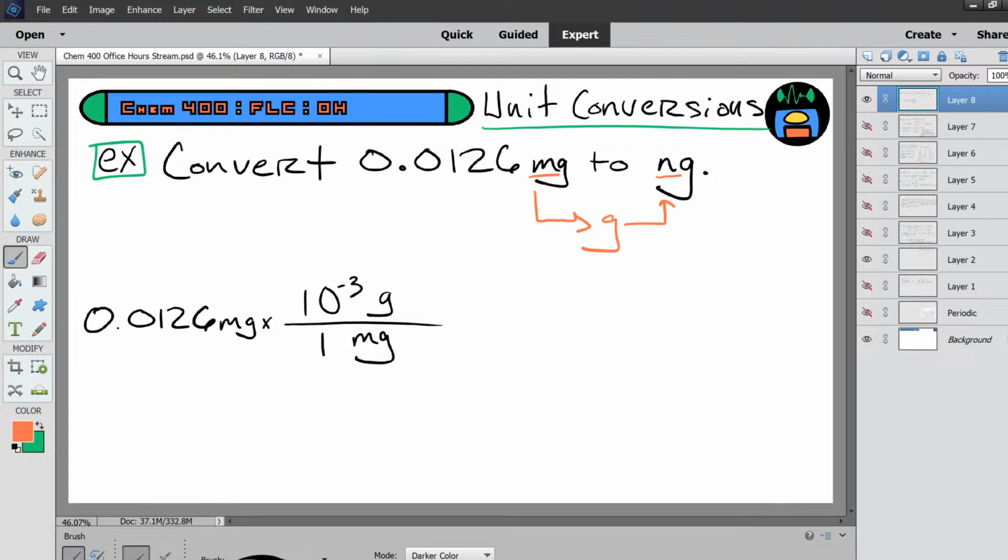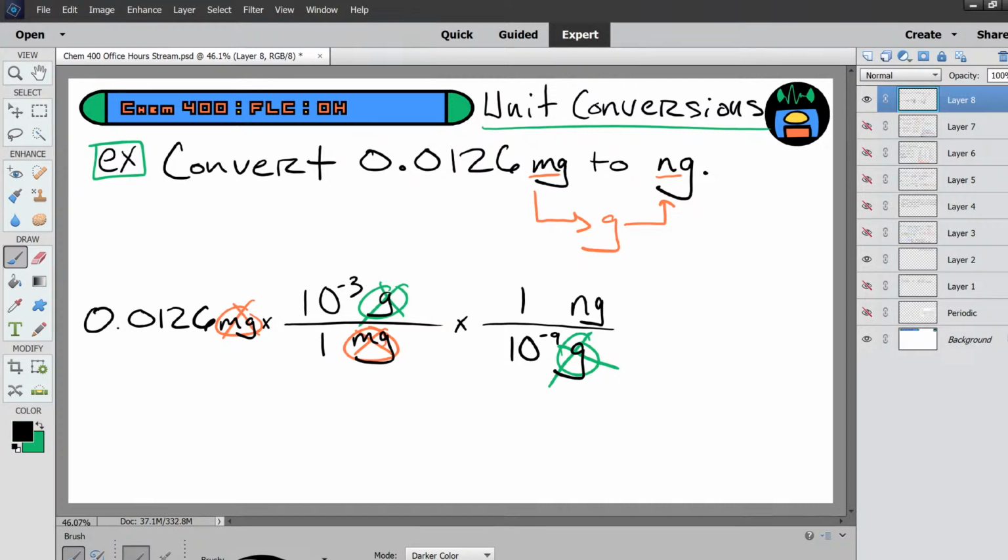And you'll notice we got milligrams canceling milligrams, but we're not done with our unit conversion because we want to convert from grams to nanograms. All right? And 1 nanogram is 10 to the negative ninth grams. So here, our base unit cancels, grams cancel grams, and now we're ready to crunch our numbers.